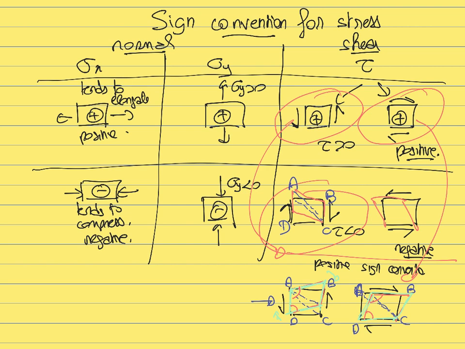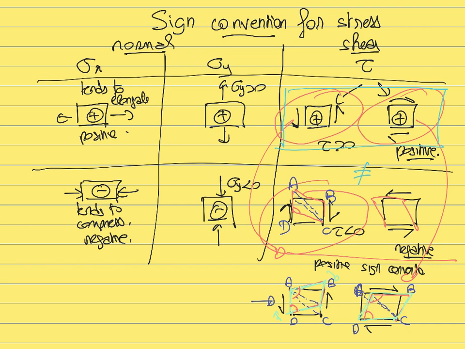And if we look at the angle ABC, now this angle becomes larger than 90 degrees, although it was smaller than 90 degrees in the case of a positive shear stress. So this is why those two deformations are indeed the same, and they are different from the deformation associated with the negative shear stress.